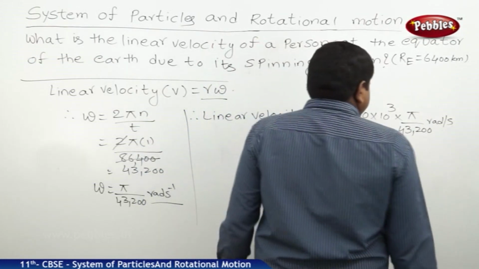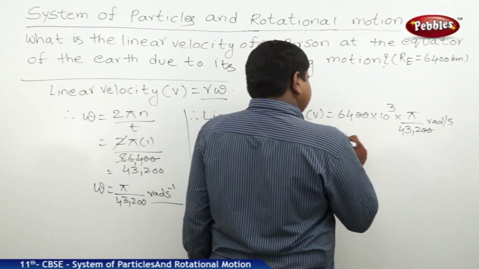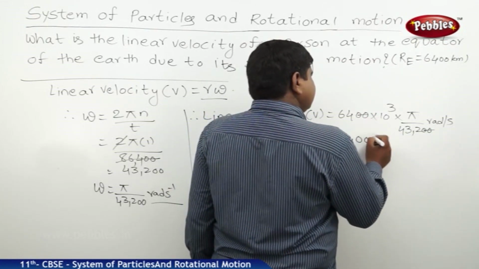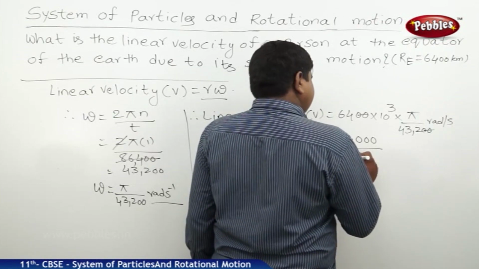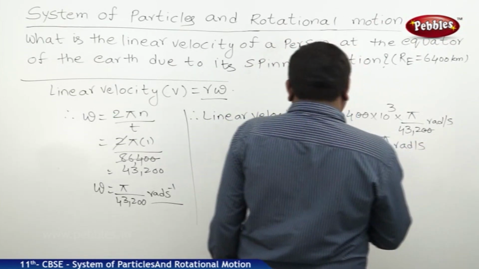So we can write 2 zeros and 2 zeros get cancelled. So 64,000 by 432 into pi radian per second.